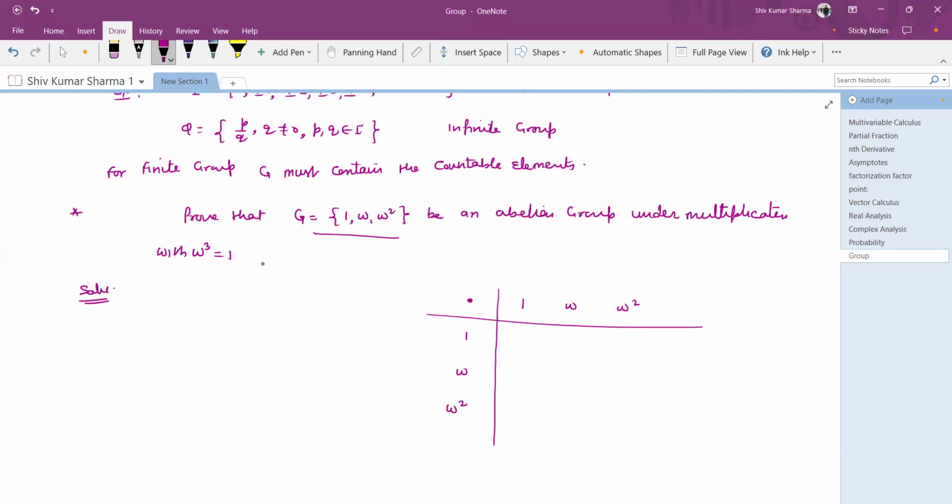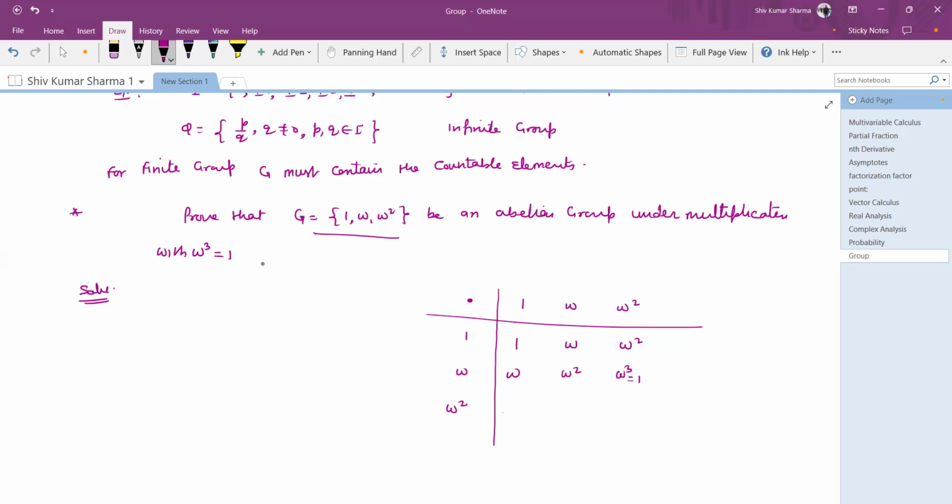So we do the multiplication. 1 into 1 is 1. 1 into omega is omega, and 1 into omega square is omega square. Omega into 1 is omega. Omega into omega is omega square. Omega into omega square is omega cube, and omega cube is equal to 1, cube root of unity. So this omega cube we can write as 1.